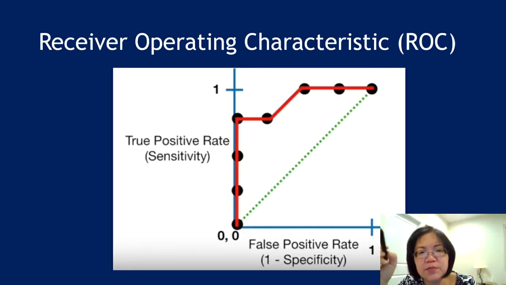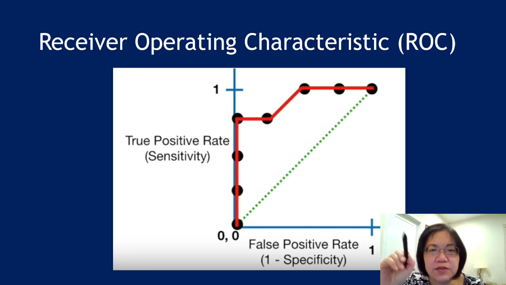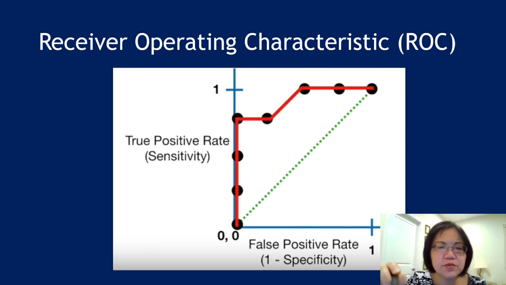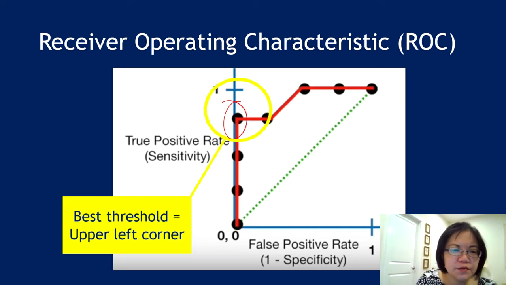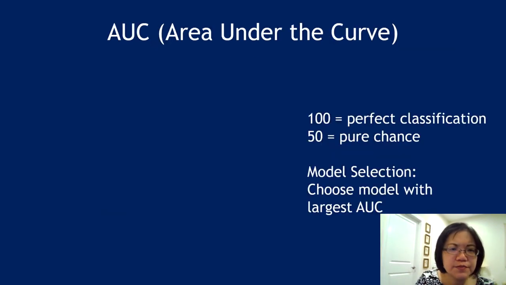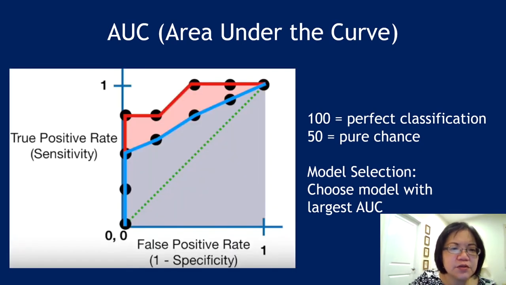So usually in textbooks and lectures, you will see in your actual results an ROC curve that looks like this. So what you want to do is look for the upper left corner. That's usually your best model. So that's your best threshold, always in the upper left corner. AUC is area under the curve, so most of the software will tell you exactly how big this area is.